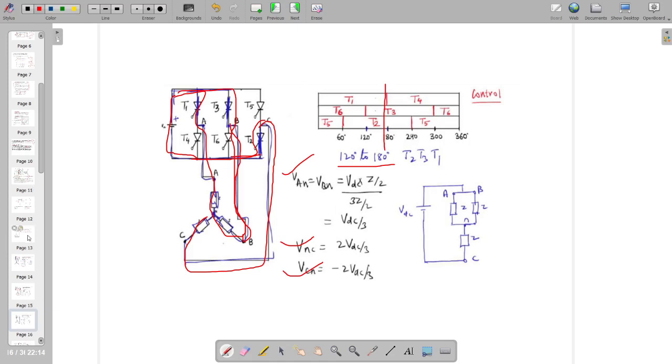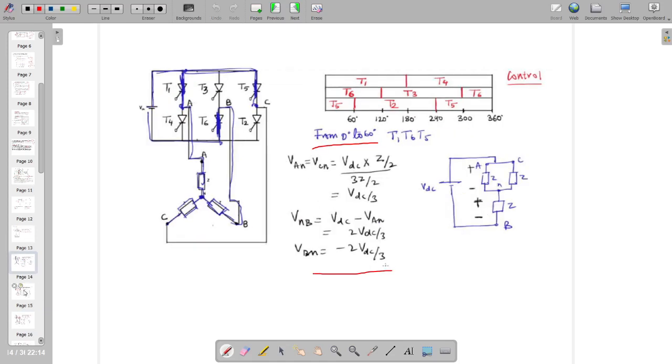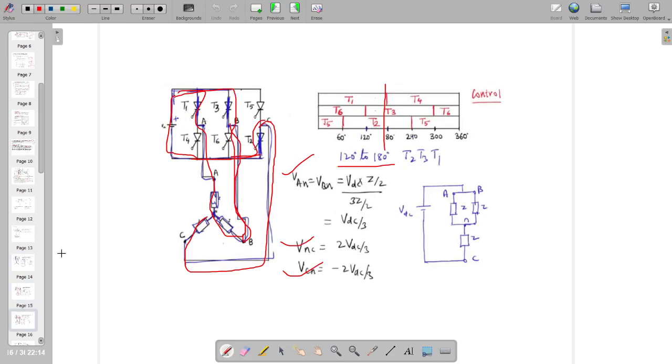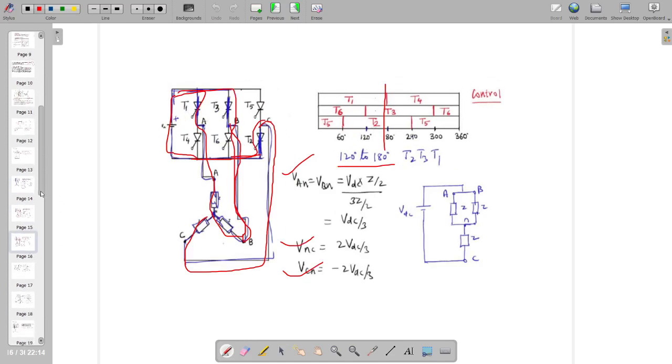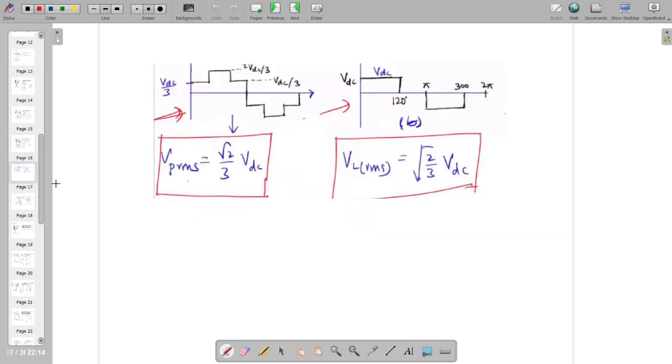So now we are drawing the output waveforms. The first is minus VDC by 3 up to 60 degrees, this is 120 degrees, this is 180 degrees.